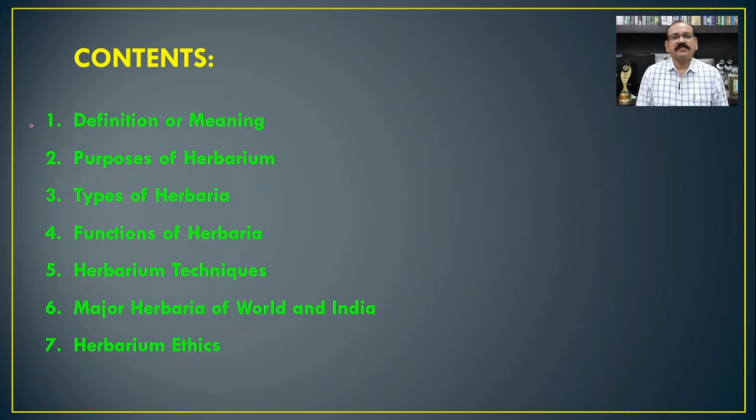In this lecture, we will see the definition and the meaning of herbarium techniques and the collection, then purpose of herbarium, types of herbaria, then functions of herbaria, then herbarium techniques means the different steps which are used in the herbarium formation, then major herbaria of the world as well as the India, so that you will be able to know the different herbaria of the universe as well as our nation. Then herbarium ethics means which things we have to remember while using the different herbaria.